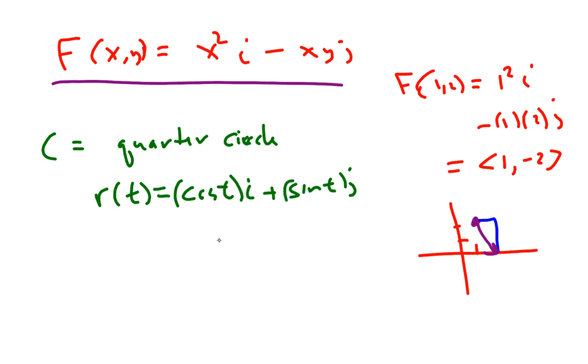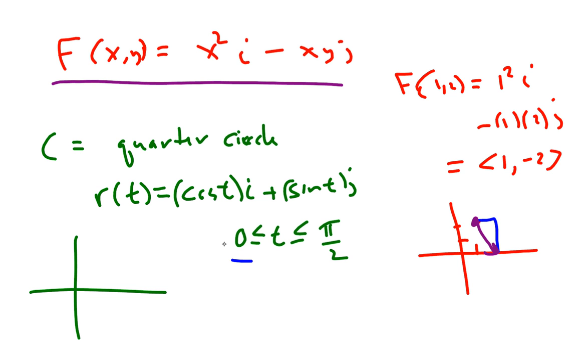You may be familiar with this parameterization for a circle. For this problem, we're going to restrict t from 0 to pi over 2. And you might say, why are those numbers? Well, they're giving it to us.